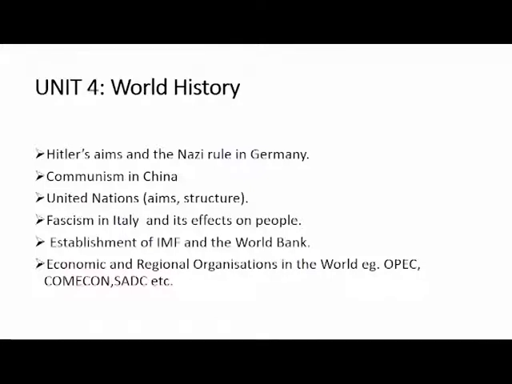Remember, this fascism did not only affect the Italian people, but also the world, because this Benito Mussolini, there was a point where he invaded other countries where he caused a lot of disruptions on the economies of those specific countries, and also resulting into what?